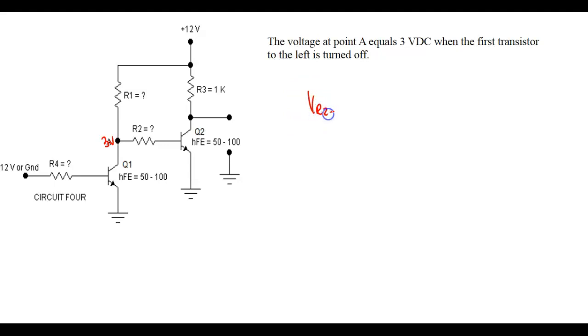VR2 is going to be about 3 volts minus 0.7. So what's that going to be? 2.3.